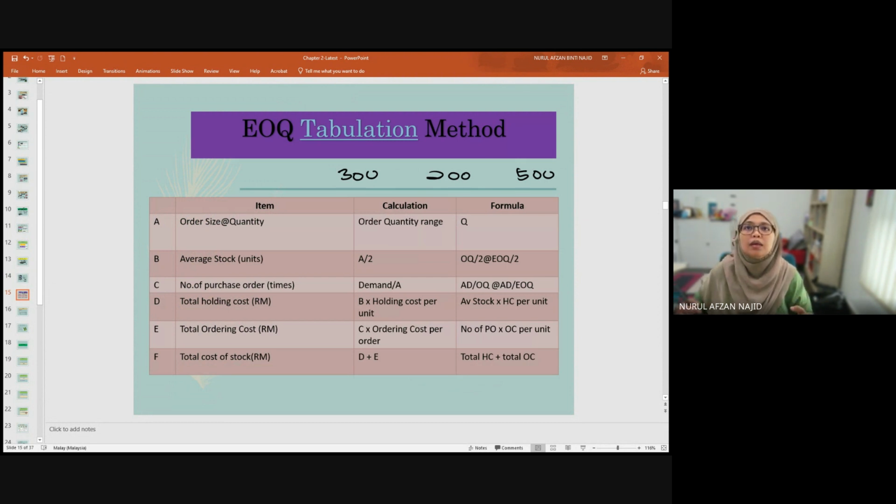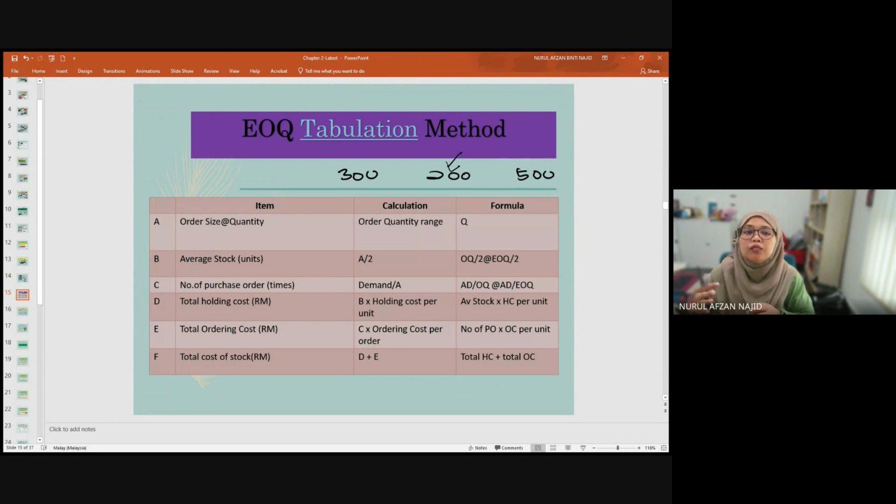Ekonomi bermaksud cost pada tahap yang paling minimum. So, nak order 300, 200, 500. Tak semestinya yang 200 ni bila kita order, 200 ni cost yang paling rendah. Tak semestinya. That's why we need to prepare the tabulation method untuk menentukan which order size yang stock dia, total cost dia paling rendah. Okay?